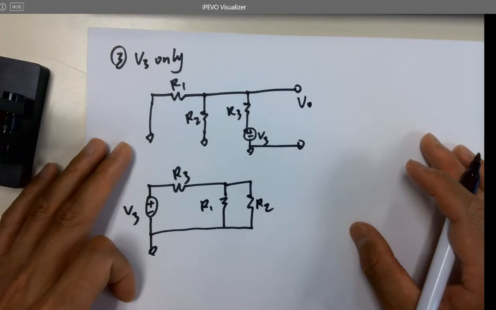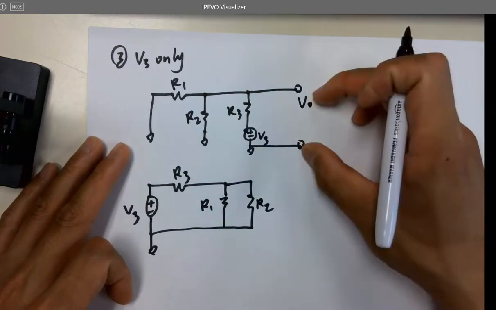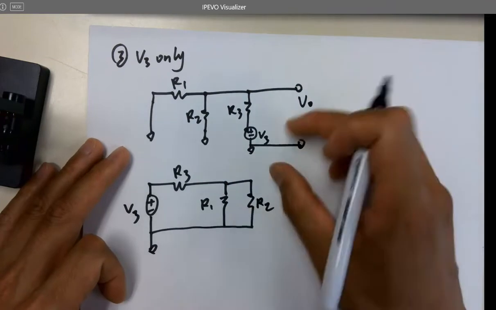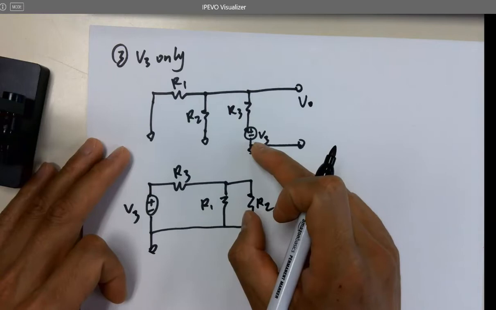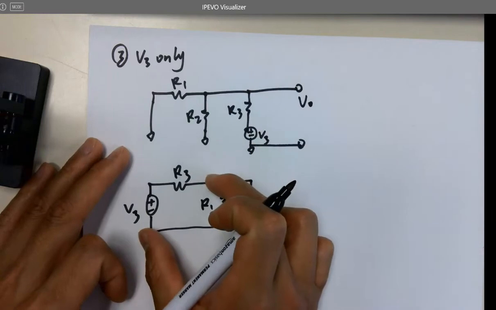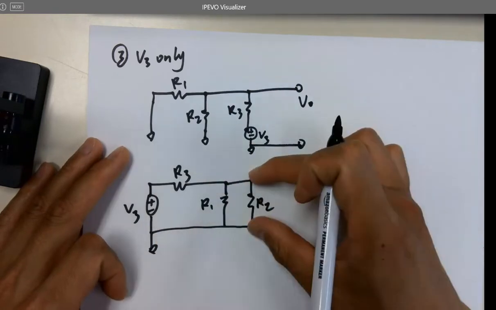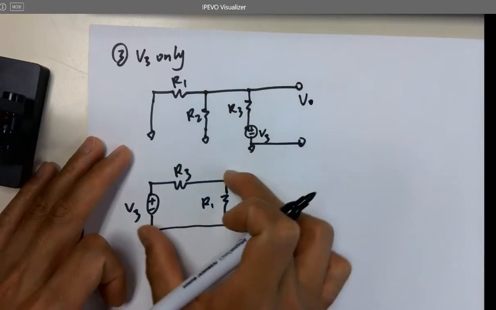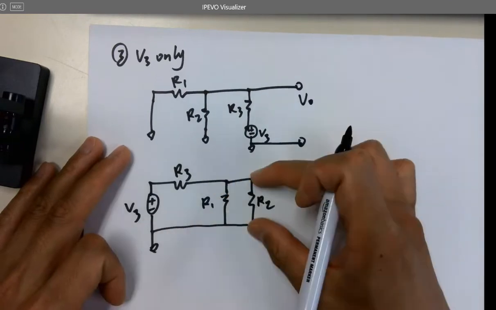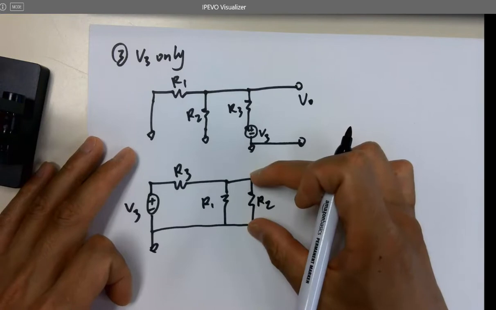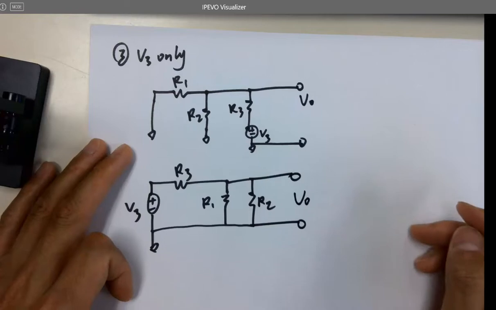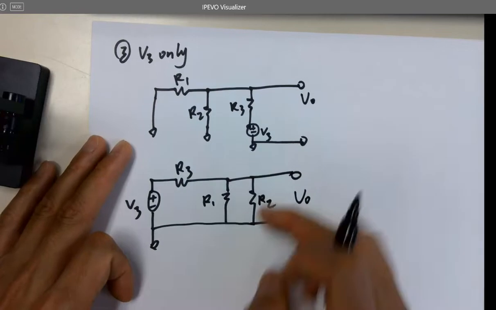However, what is VO? What is V out? R3 and V3. So it's a voltage here, right? And a difference. Same voltage. Can I label VO as this?